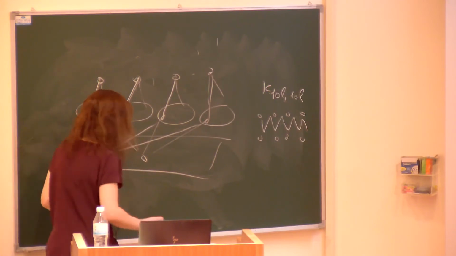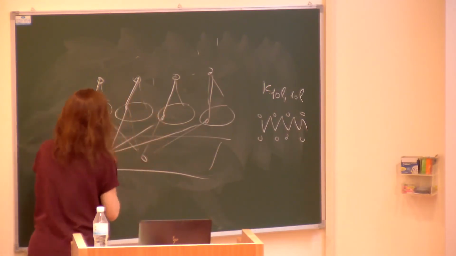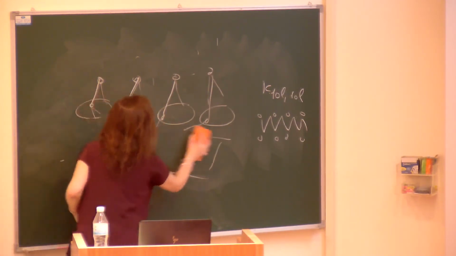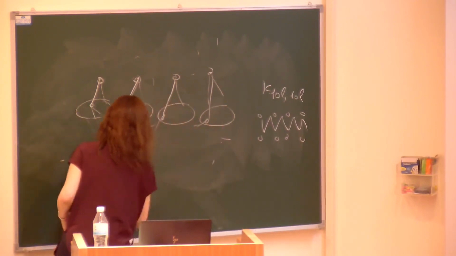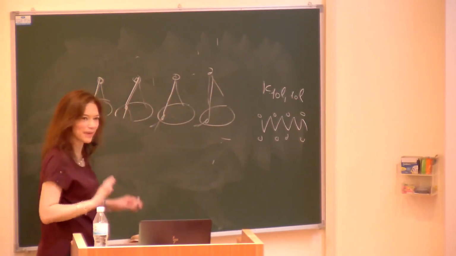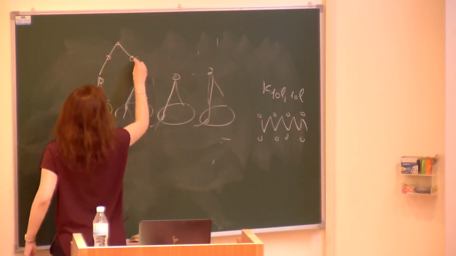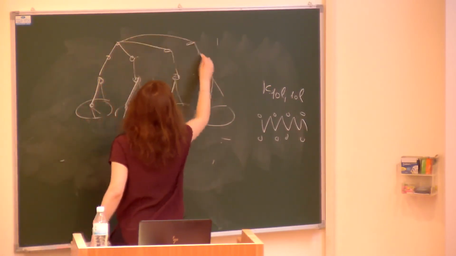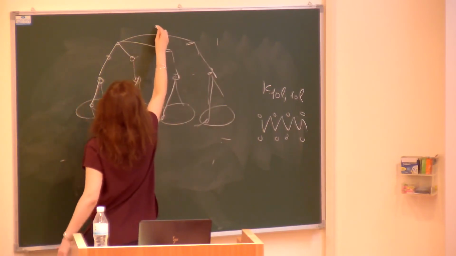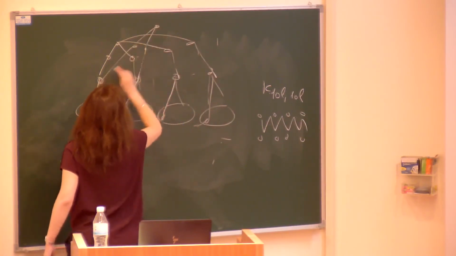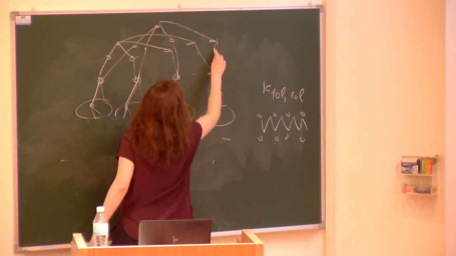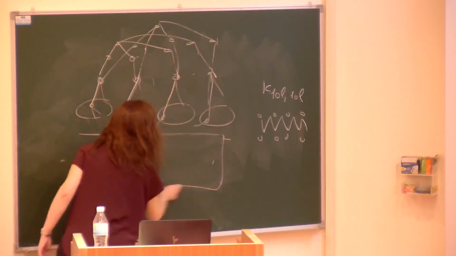Now let me draw that. I know this is a little bit of detail, but I'm almost done with the details. So what you have is a K_{2L} or something that looks roughly like this, and there's still a large part of the bottom.